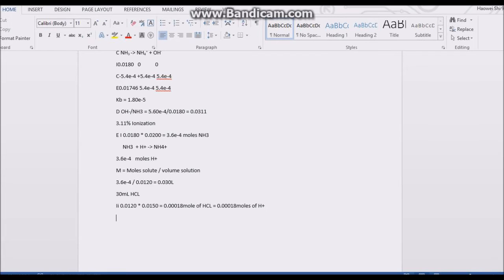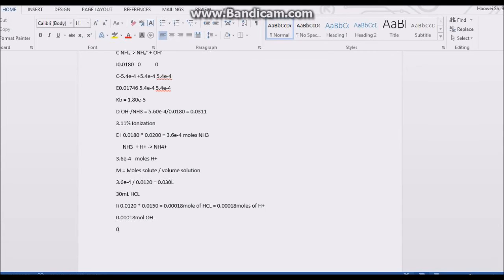Now, since that much, 0.00018 moles of OH minus is cancelled out in the process. Now we need to find the concentration of NH3.